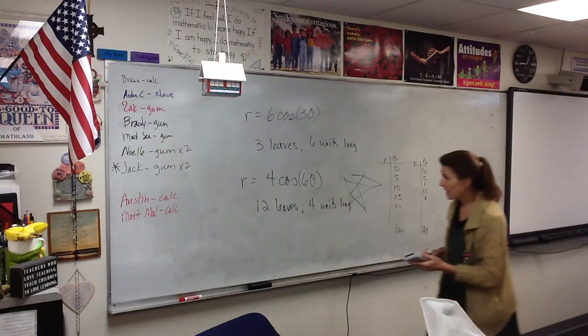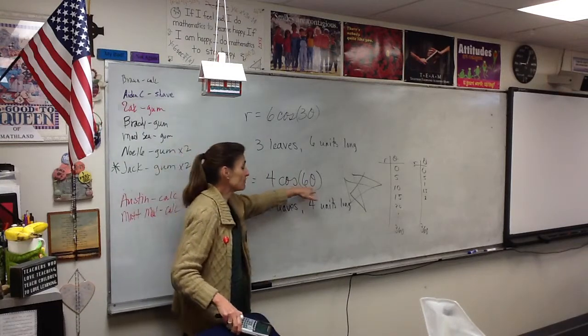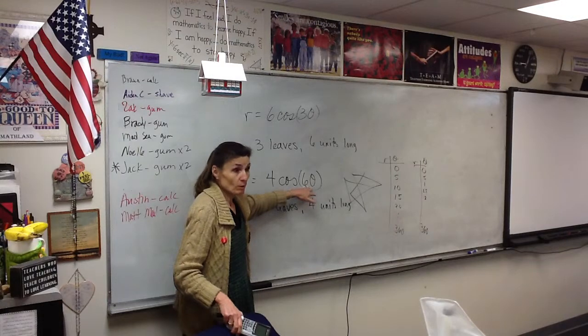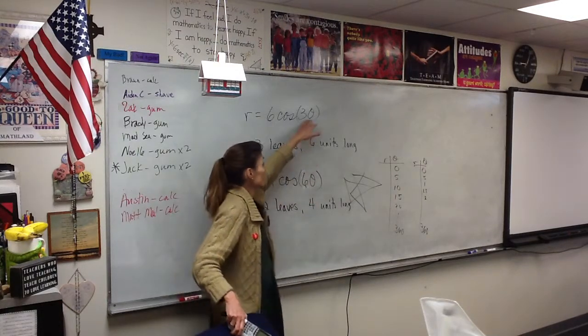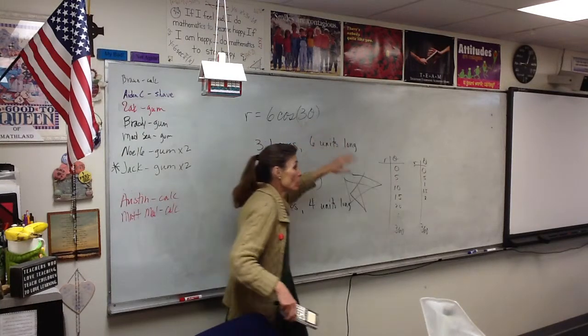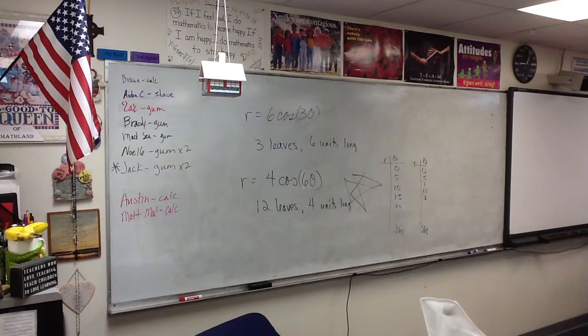Now, we had concluded our discussion yesterday that if this number is even, we have double the leaves. If this number is odd, we have that many leaves. So, the packet I gave you, look at the very front page of it, it's got some old quizzes on it.